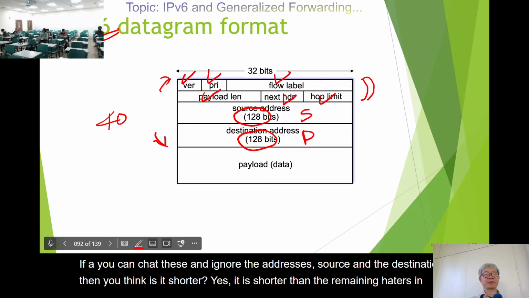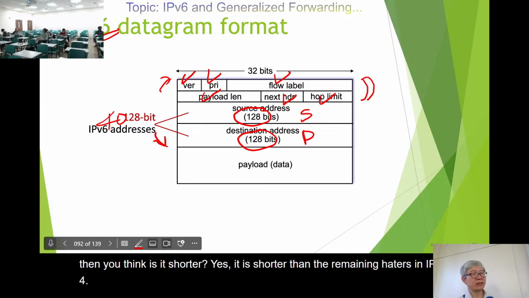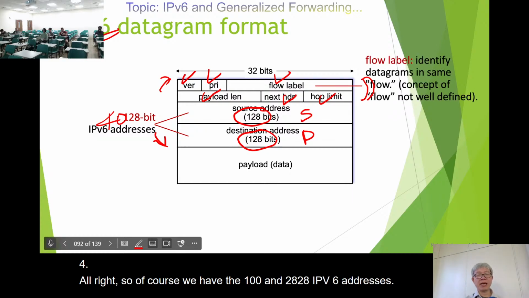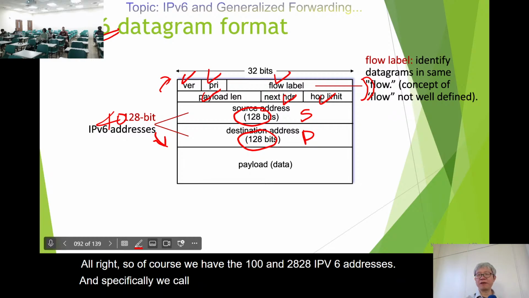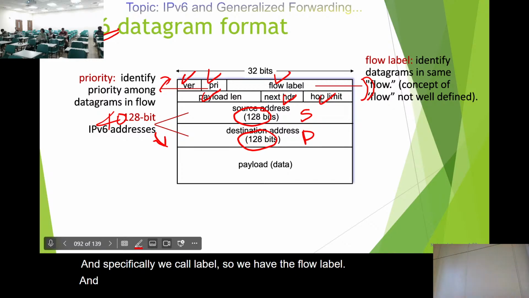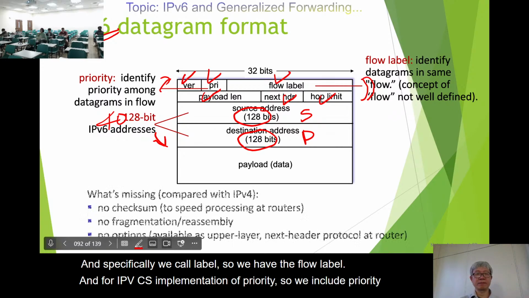All right, so of course we have 128-bit IPv6 addresses, and specifically we have the flow label. And for IPv6, we want to have the implementation of priority, so we include priority within the format.